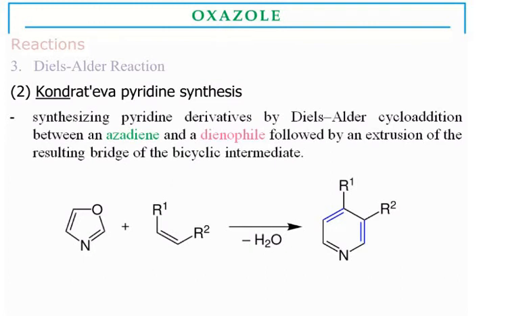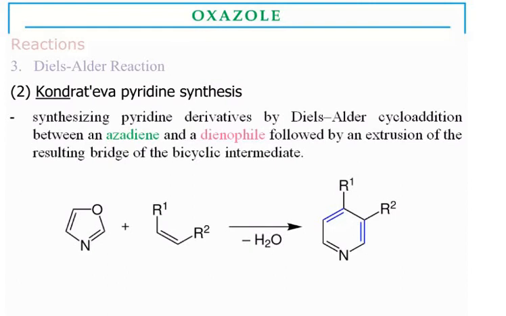Next, pyridine synthesis from oxazole. Synthesizing pyridine derivative by Diels-Alder cycloaddition between an azadiene and dienophile, followed by an extrusion. This is a very important word, extrusion of the resulting bridged bicyclic intermediate.